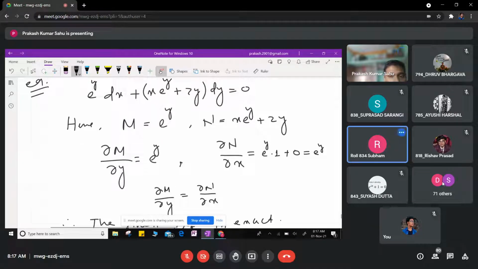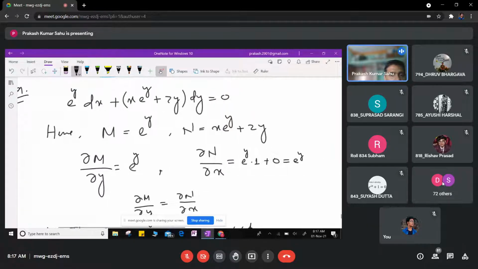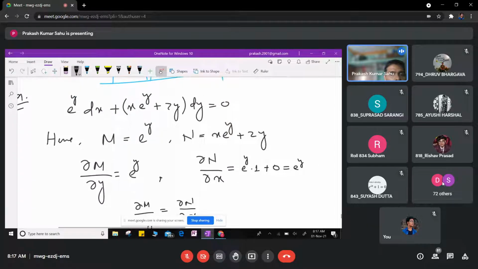But every time you cannot find the solution of a non-homogeneous differential equation, because you see here this function is also non-homogeneous. This differential equation e to the power y dx plus x e to the power y plus 2y whole into dy is equal to 0.